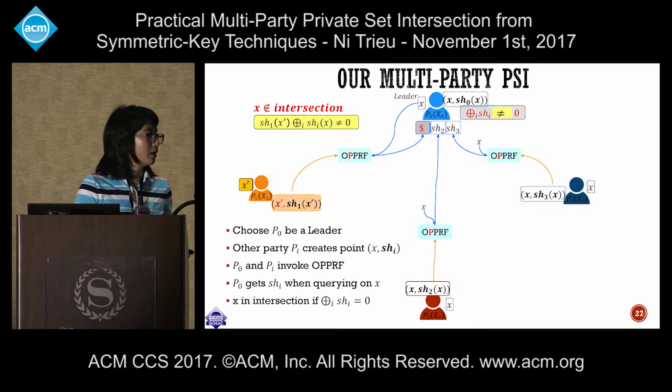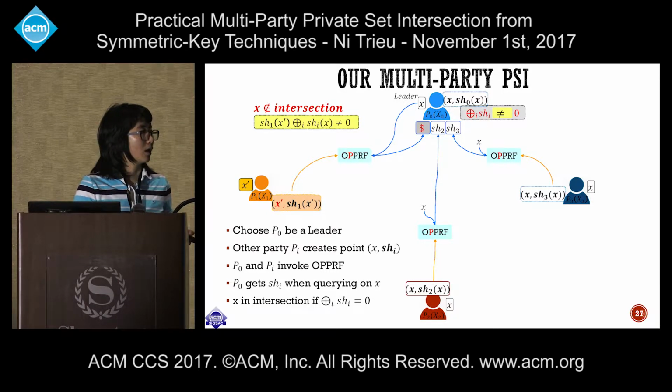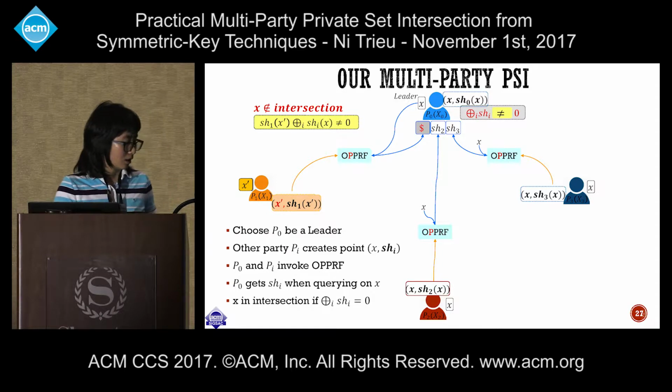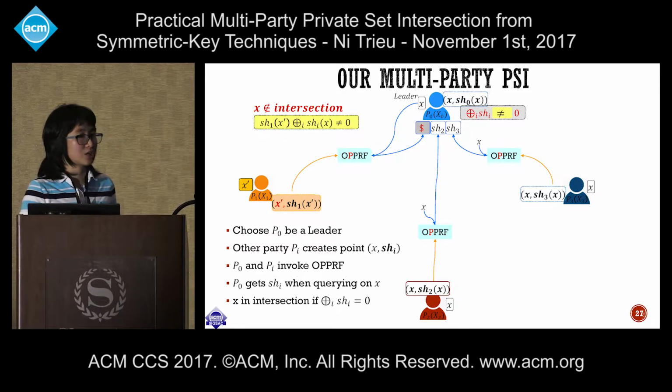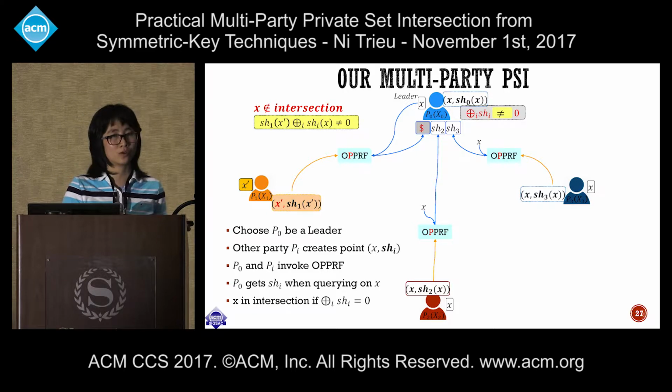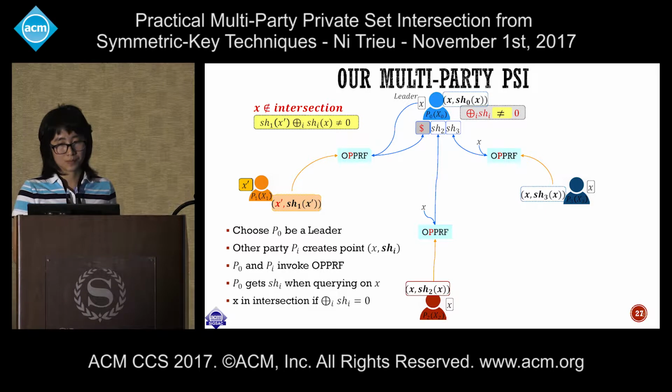Similarly, the leader receives the correct share of P2 and the correct share of P3. Because X is in the intersection, the XOR of them equals 0. So the leader can check whether the XOR of them is equal to 0. If yes, this is an intersection item.